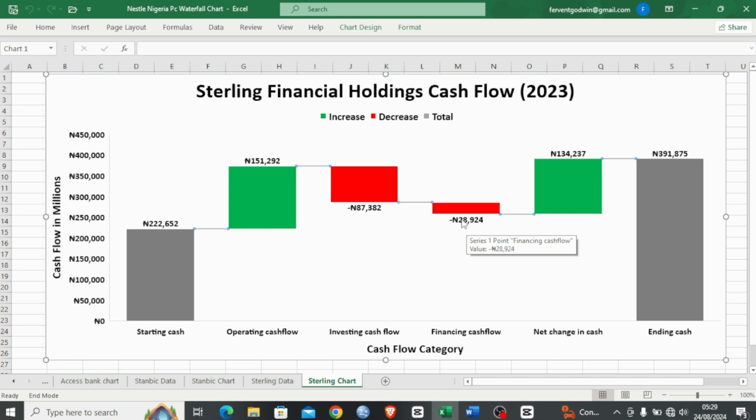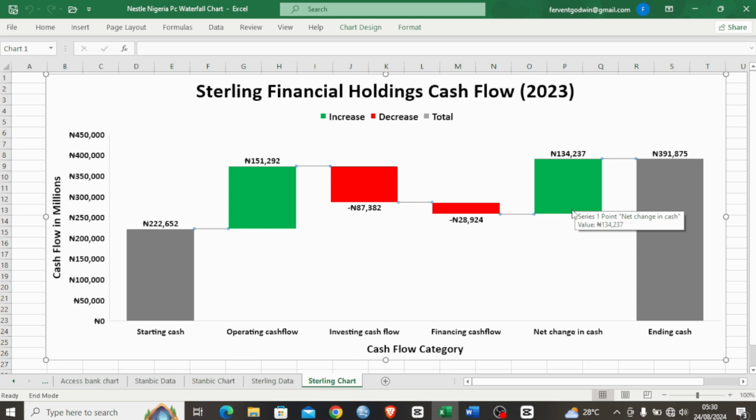So the influence on cash at hand, this is what it's actually revealing. So that is all about this Sterling Bank Holdings cash flow analysis.